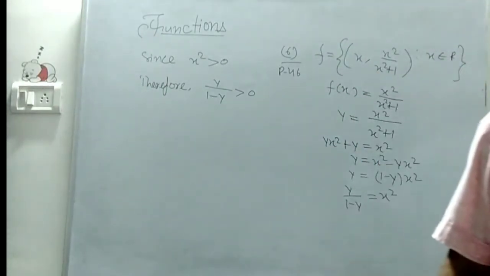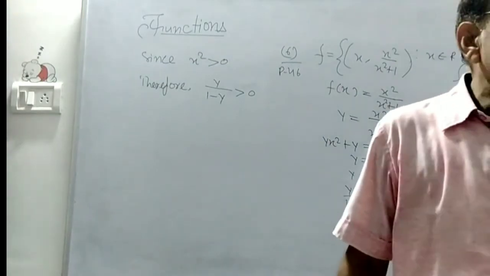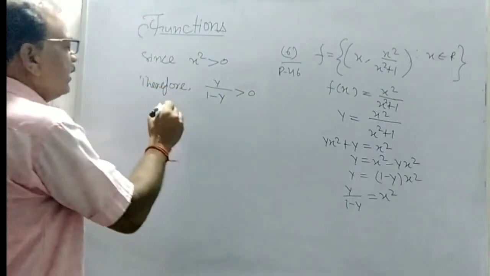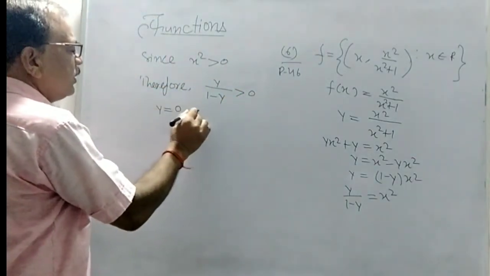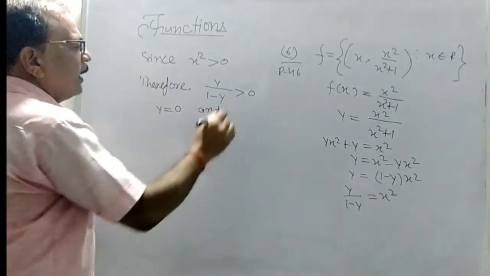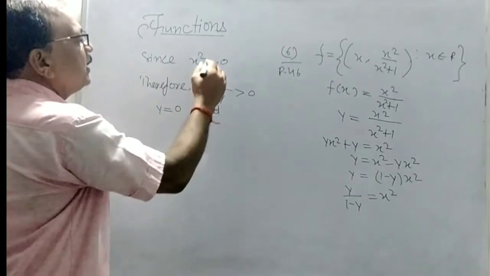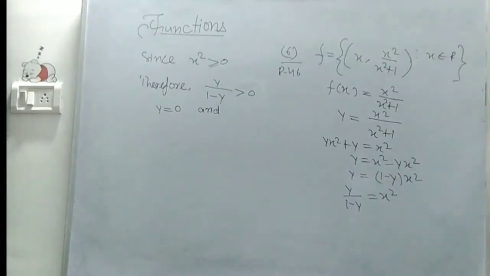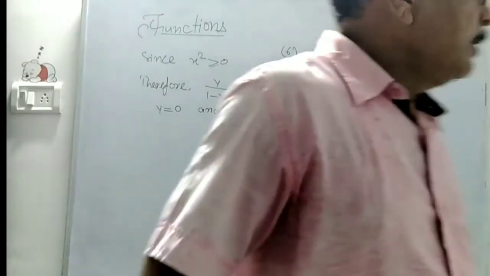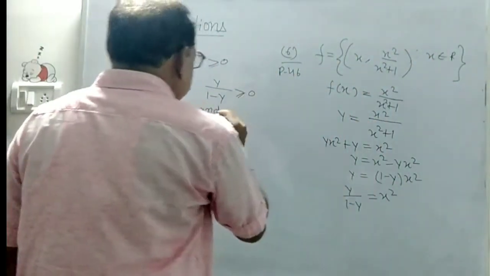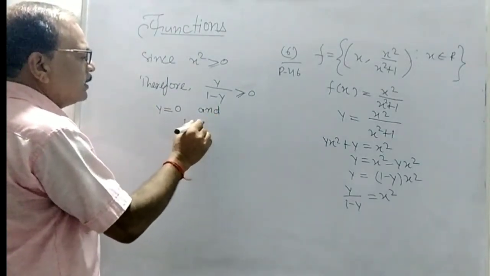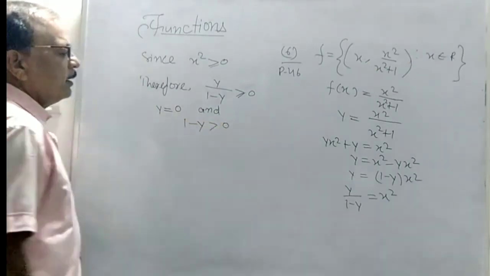It means that either y equal to 0, and if y not equal to 0, x square is greater than 0, then y upon 1 minus y, that is y minus 1 upon y, is greater than or equal to 0, where y not equal to 0 and 1 minus y is greater than 0.